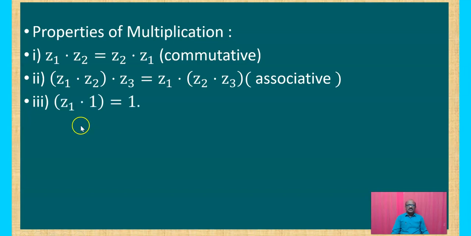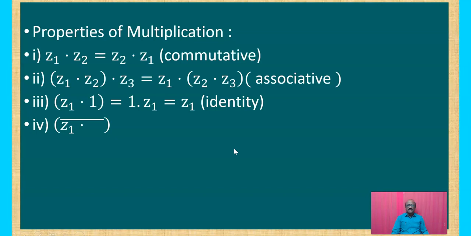Next is z1 into 1 equals 1 into z1, and that equals z1, which is the identity. That is, 1 is the identity element for multiplication and 0 is the identity element for addition. Next, the conjugate of z1 into z2 equals z1 bar into z2 bar.